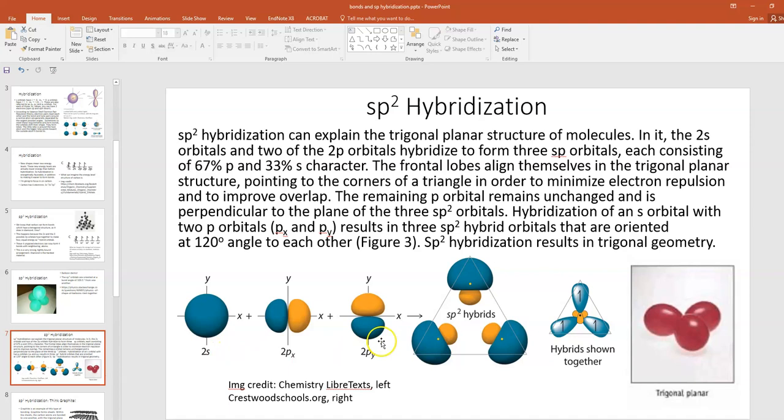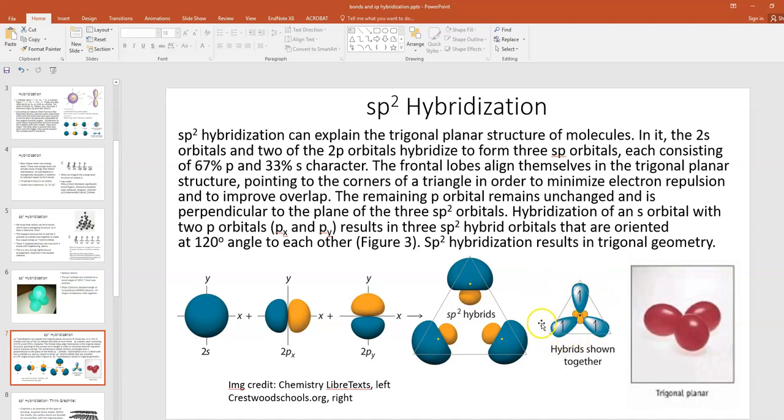So that's shown here in this little image that I borrowed from Chemistry LibreTexts. Here's your 2s orbital, and it overlaps with, say, for example, the 2px and the 2py orbitals. The 2pz is left alone, okay? And then that forms these 3 kind of mushroom-shaped, if you will, sp2 hybrids, okay? And then this is kind of what it would look like.